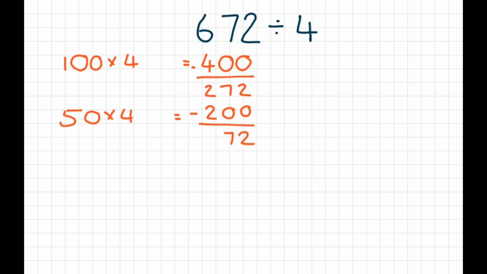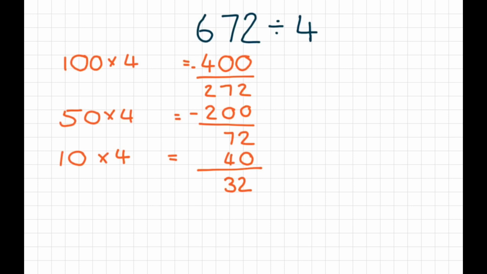Okay, I still need a couple more chunks, so I'm going to take out 4 times 10. And I know that gives me 40. So when I take 40 from 72, I'm left with 32.